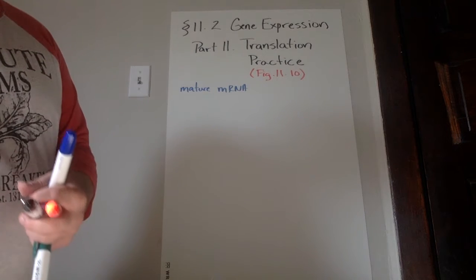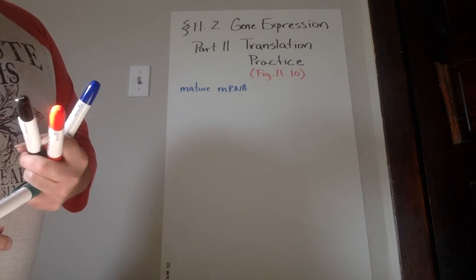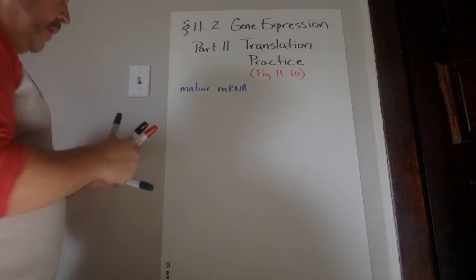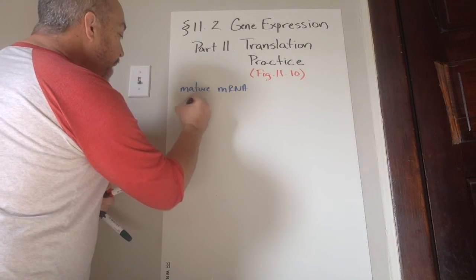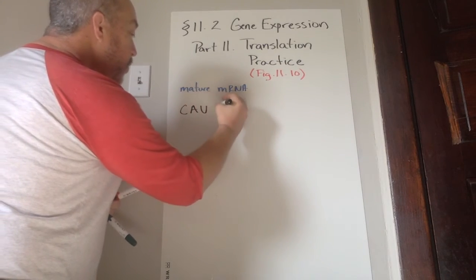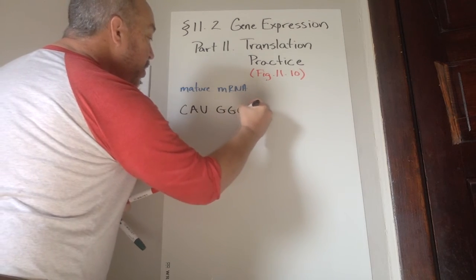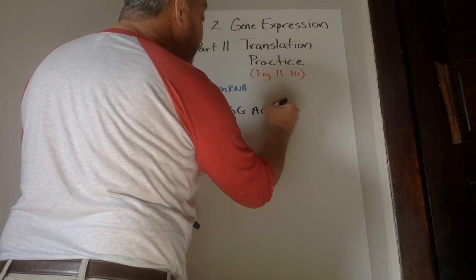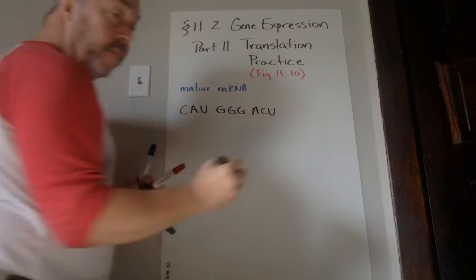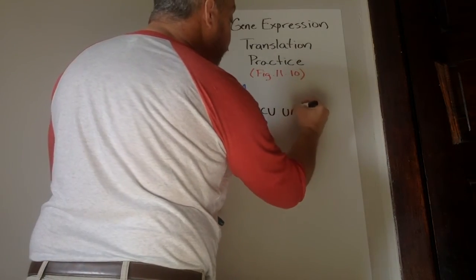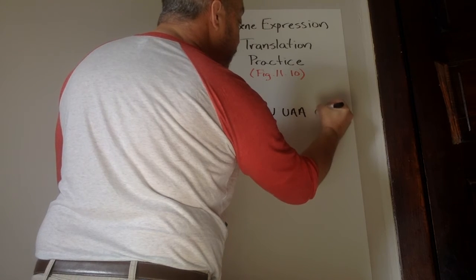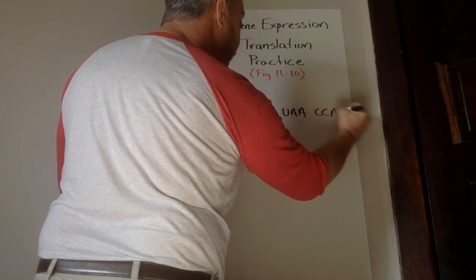You just have to be able to translate what's particularly there. So let's say this time the letters we have are CAU, GGG, ACU, UAA, CCA.